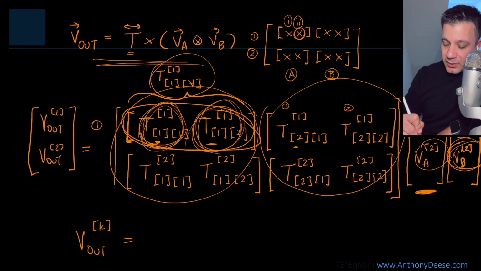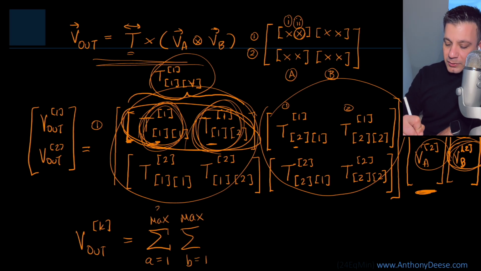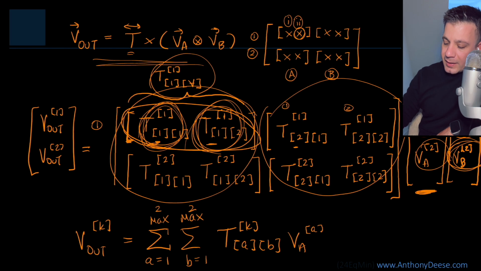And so what that leaves us with is, okay, A equals 1 to max. Let's assume we know the size. B equals 1 to max. I mean, I guess it would be 2 because we know the size. And we end up with T A, B, K times VA, A times VB, B.